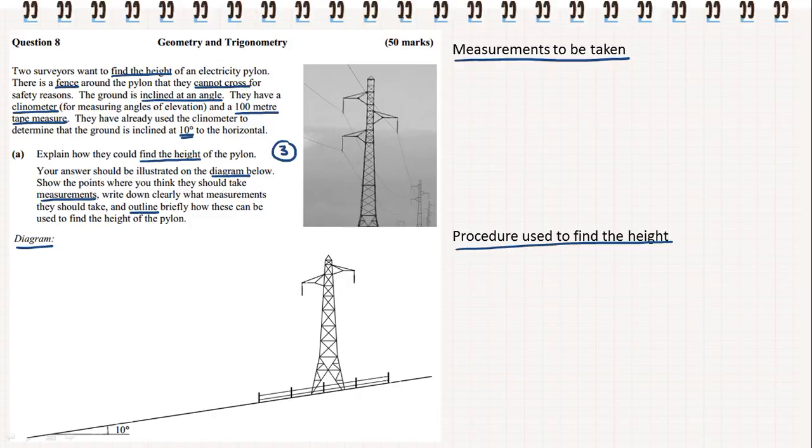Because sometimes you might not know straight away exactly what measurements and exactly how to do it. Sometimes it's through working it out that you find your way. So we are going to use the diagram, but we're going to fill in these extra parts after we do part B.